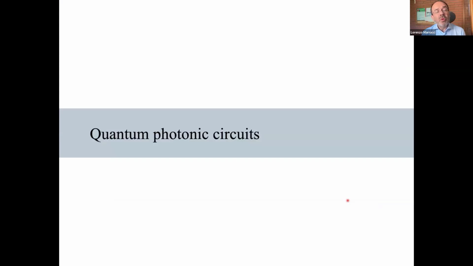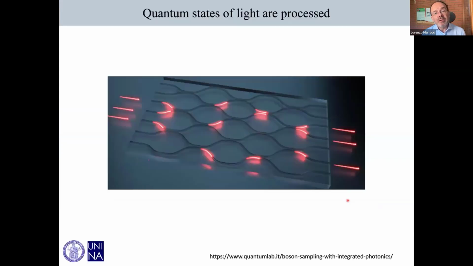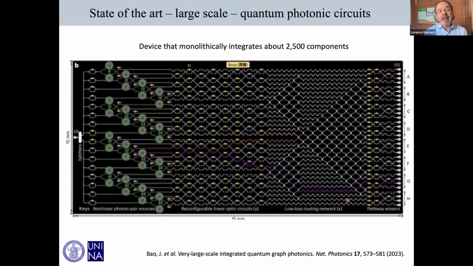Let's move on to quantum photonic circuits. In the case of quantum photonic circuits, the concept is essentially the same, but you work in a quantum regime so that the modes carry one or few photons, and this allows you to do some primitives, some basic protocols of quantum computation.